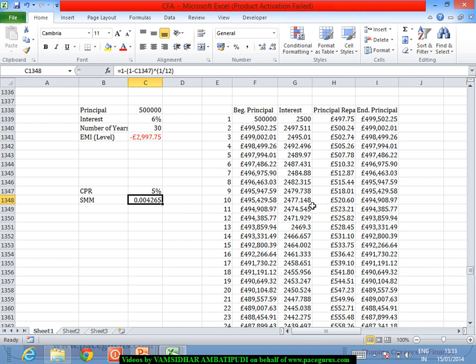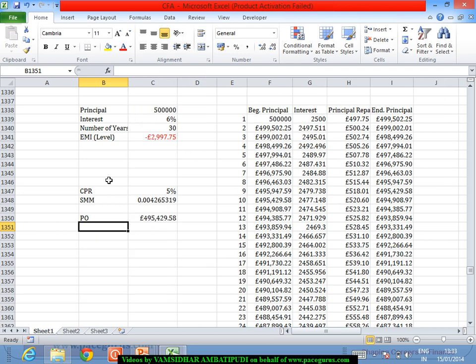Now let me take an example: I am in the 10th month. The principal outstanding till date is 495,429, and the scheduled principal repayment for this period is 520.